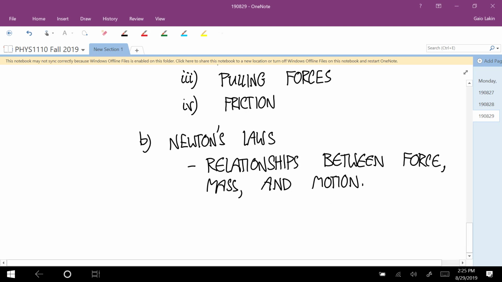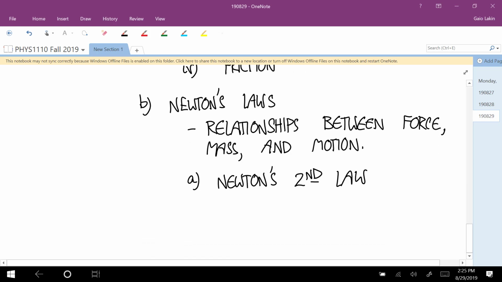And there are two Newton's laws that are going to be important for us in doing calculations. The first one is Newton's second law. And that's the most important equation in this whole class. You might have heard this before. This is the one that says F is equal to mass times acceleration.